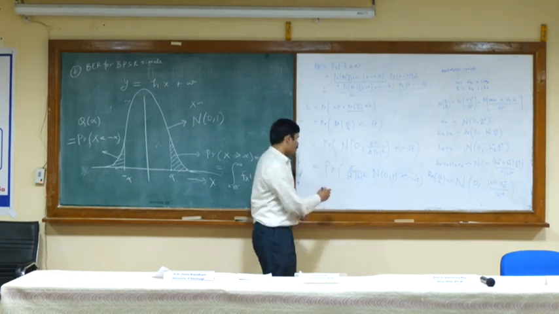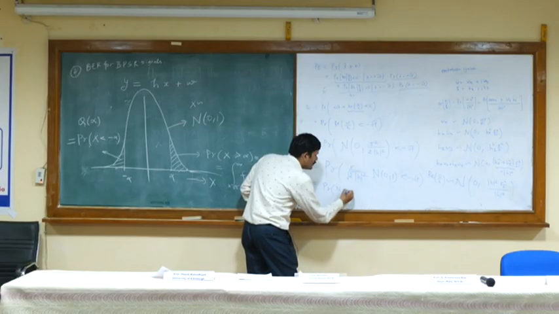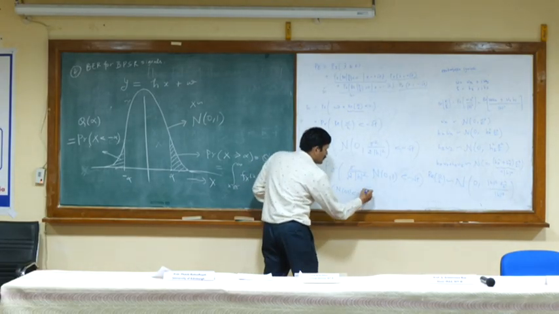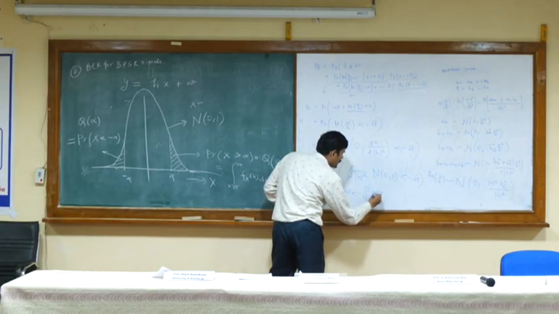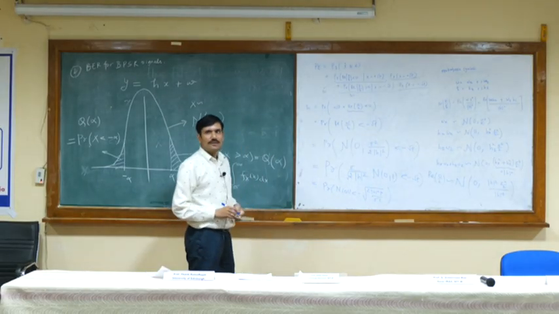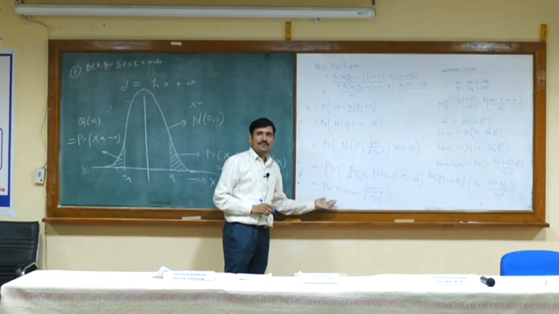Now I can write this as the probability that N(0, 1) is less than minus square root of 2 H square P divided by sigma square. Okay, this part is okay.